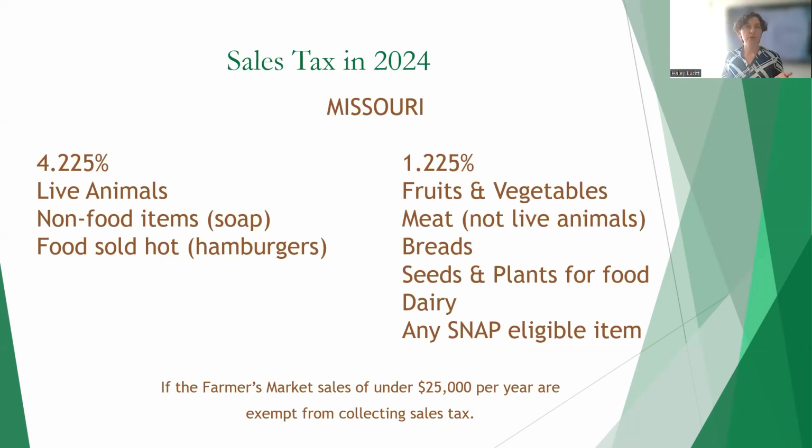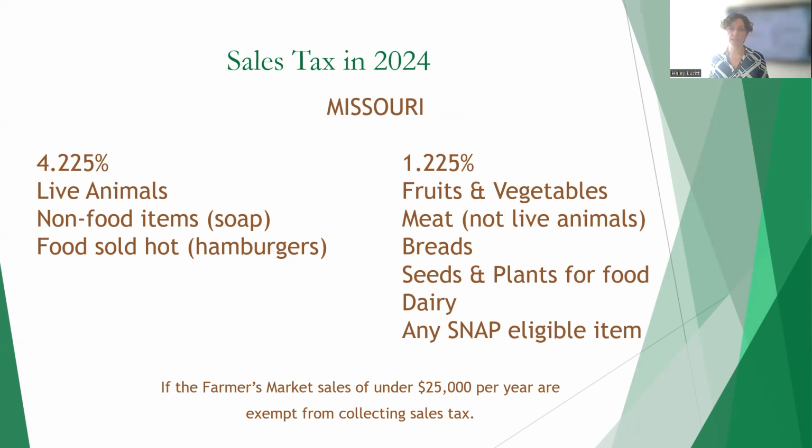Missouri a year or two ago divided off certain categories that if you're over the $25,000 exemption, you have a couple different sales tax rates. Basically, anything on the SNAP benefits list falls into the right category of the 1.225.